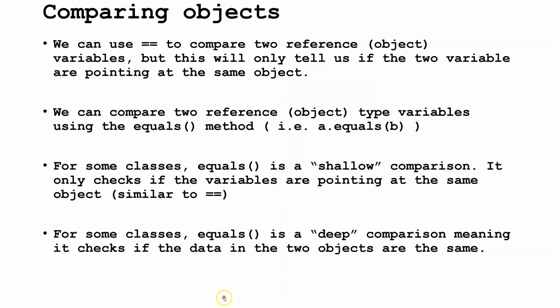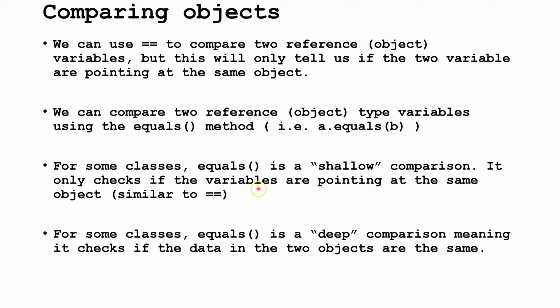Now let's move on and talk about comparing objects. We can use double equals to compare two reference object type variables, but this will only tell us if the two variables are pointing at the same object, which is generally not what we want to know. We can also compare two reference object type variables using the equals method. For example, A.equals B. For some classes, the equals method is a shallow comparison.